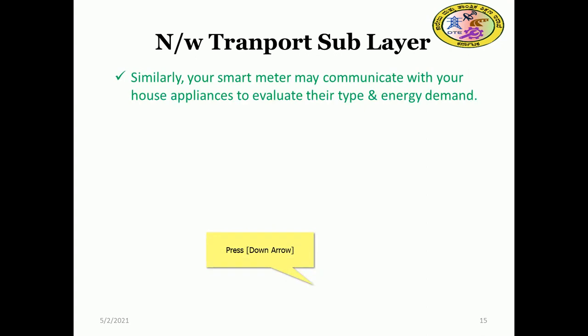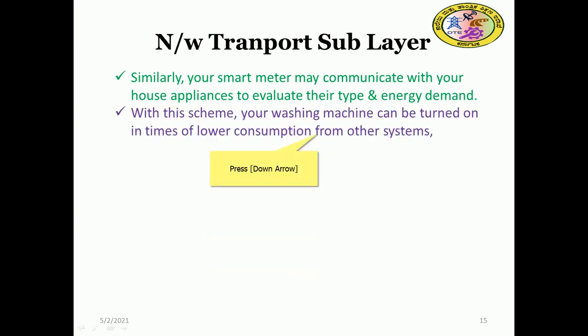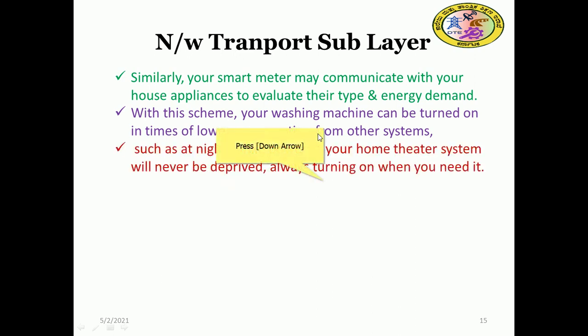Similarly, your smart meter may communicate with your house appliances to evaluate their type and energy usage. So with this scheme, the washing machine can be turned on in times of lower consumption from the other systems, such as at night.